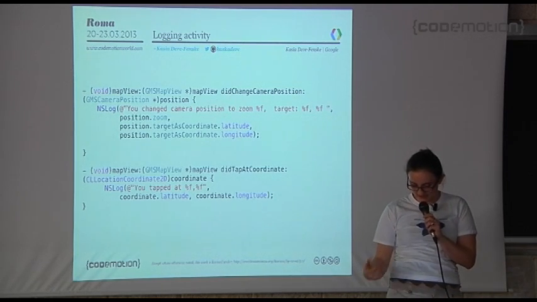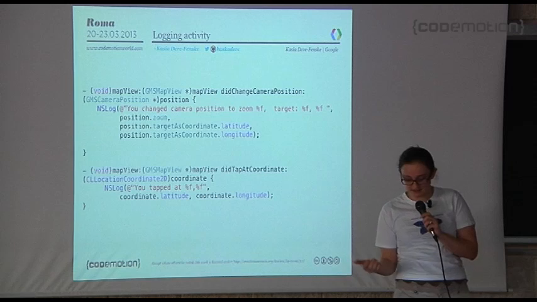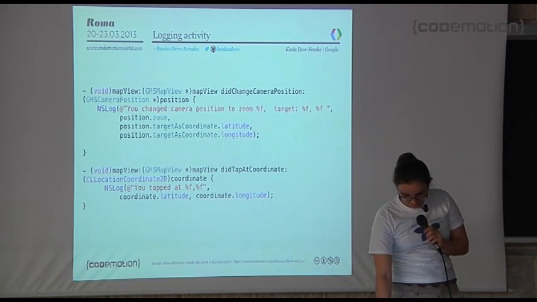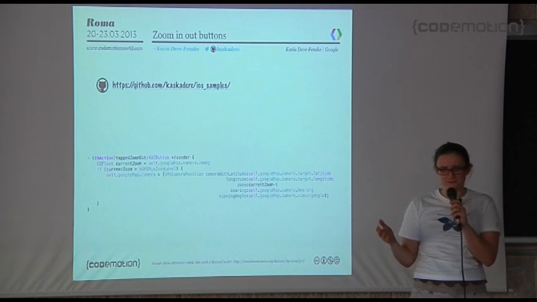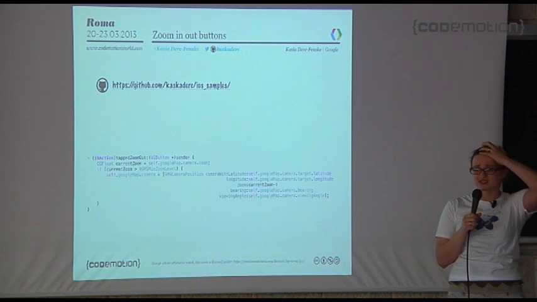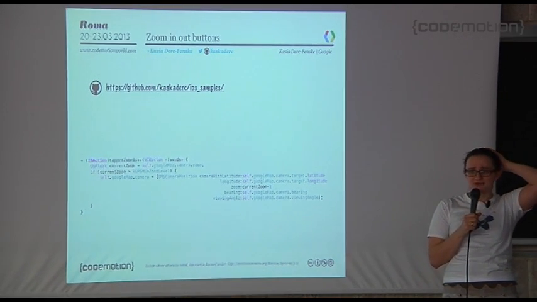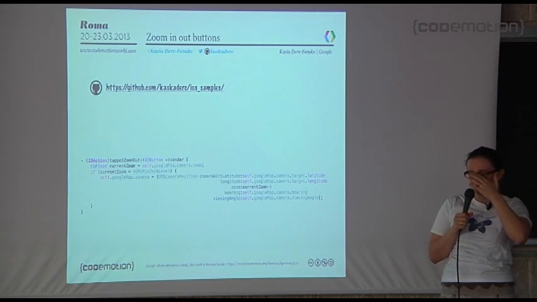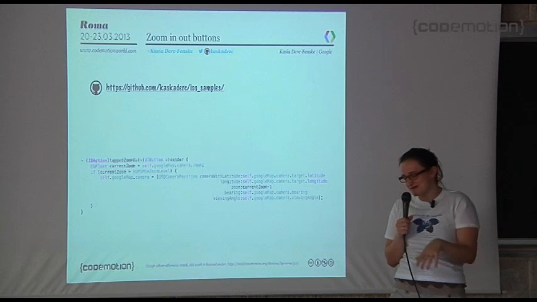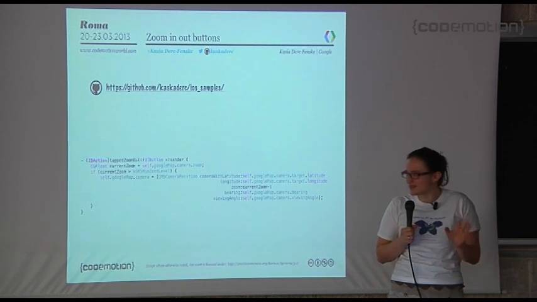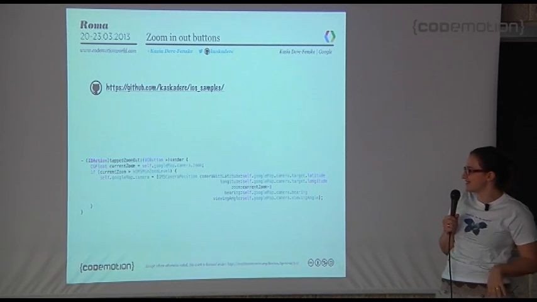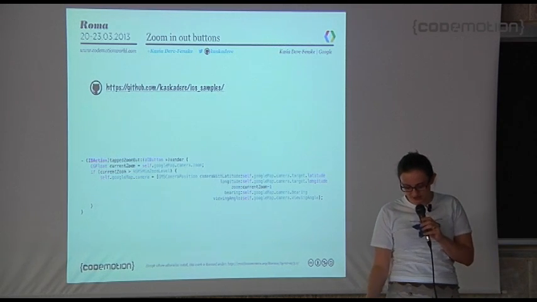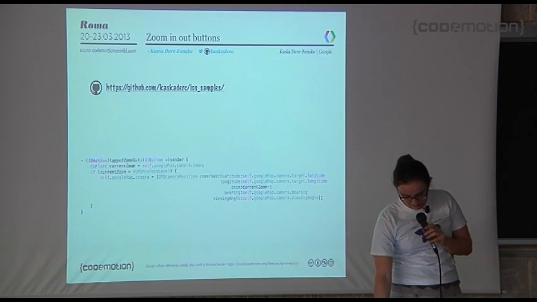And I implemented didTapAtCoordinate and logged the result. So this sample, actually, I broke it just before the presentation. So if you import it to Xcode, it won't work, but the code is valid. So if you set up and take the files, it will work. And I promise to fix it. It's on GitHub in the iOS samples directory. And if you want something to really get kick-started with iOS, that's the way to do it.